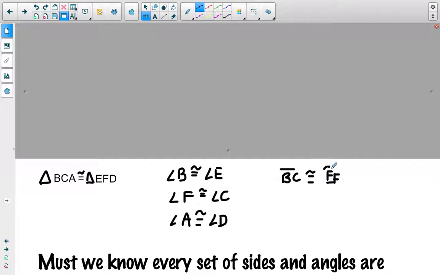So it's just a matching game, all right? Let's say we pick DE. So segment DE would be congruent to, well, DE are the first and last letters. So over here, that would be A and B. So it would be segment AB. Now you could have even said BA because remember, segment order doesn't matter.